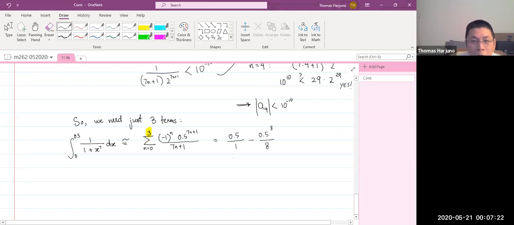That's when n equals 1, right? Plus 0.5 to the 15 over 15, plus 0.5 to the 22nd over 22.